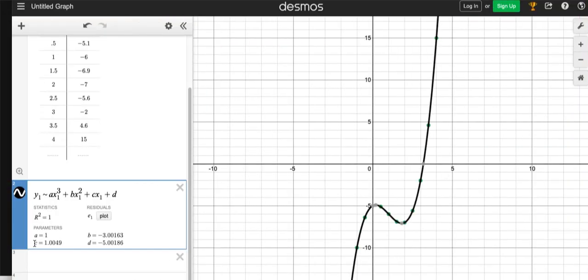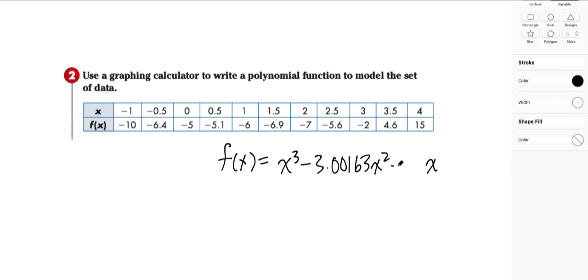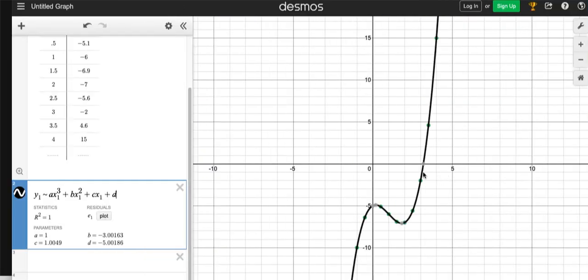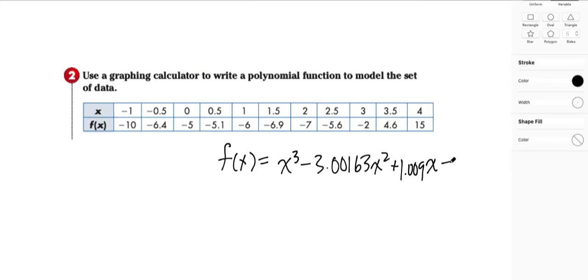So I run back here, I take a look, 1.009. I'm going to put that in there, that's positive 1.009. And then finally, my constant term is going to be negative 5.00163. I don't remember, 186. All right. And that is how you do it.